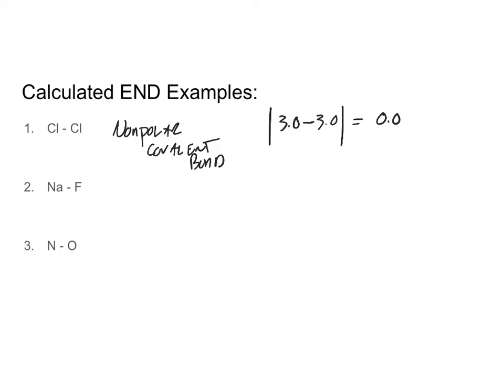We then have an element like sodium, which has an electronegativity of 0.9, and fluorine has an electronegativity of 4.0, and when I subtract that out, I get 3.1. Because that's above 1.7, I get an ionic bond. And then we have nitrogen and oxygen.